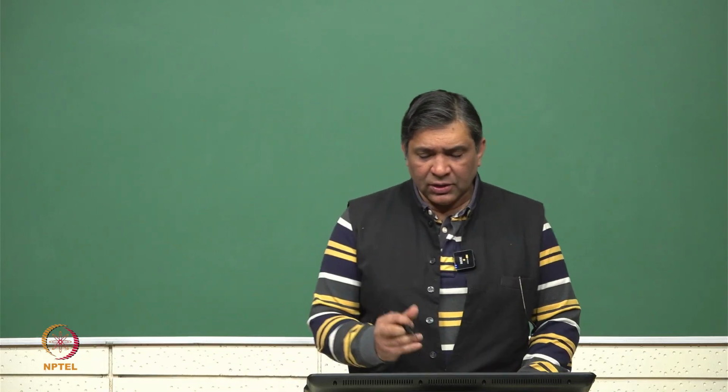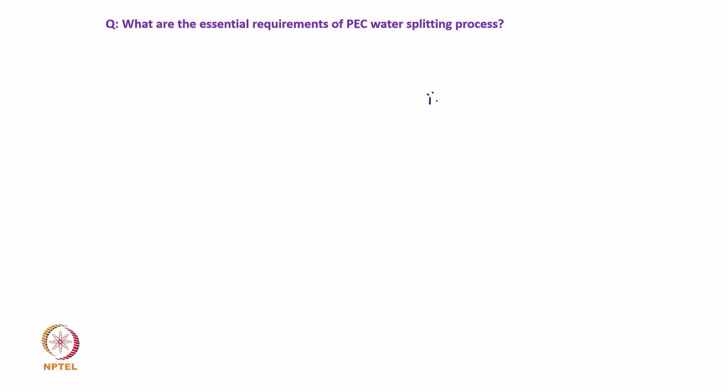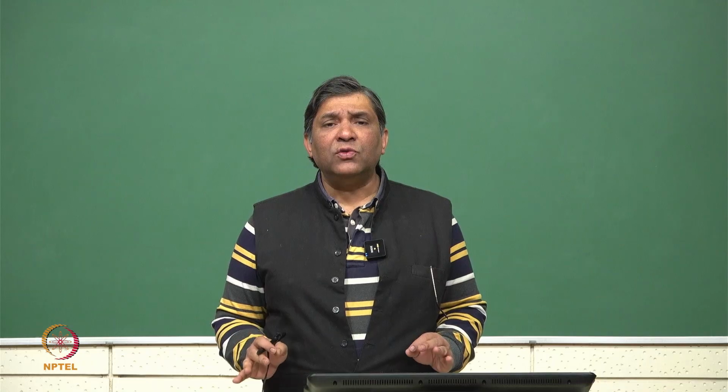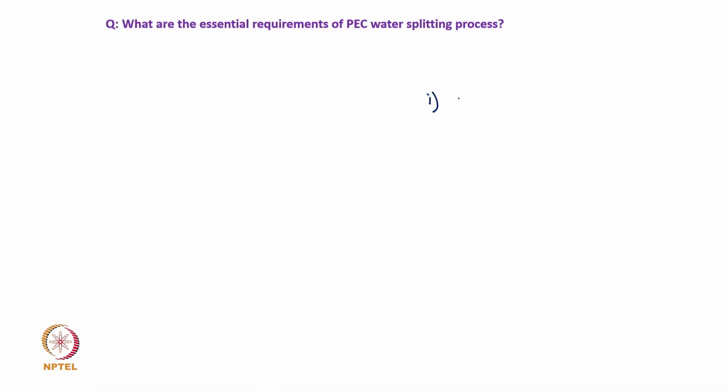So what we have discussed is that if I write condition 1, whatever material we are using as the anode, the photo response should be good enough, particularly for the visible region of light.